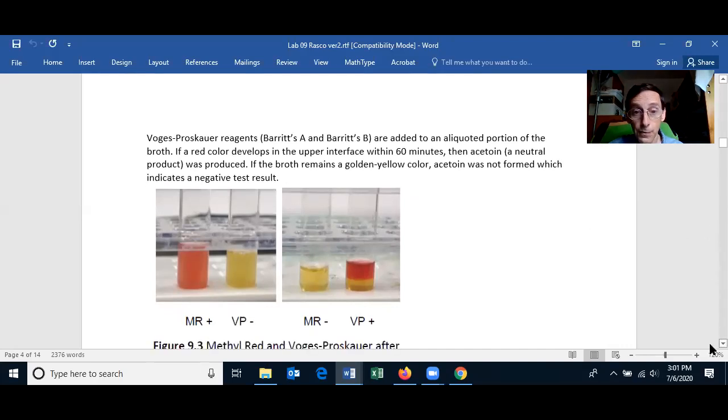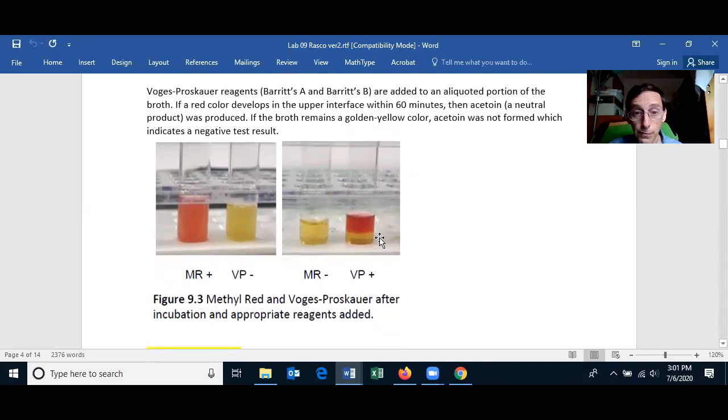And if acetone is produced, the reagents will turn red after 30 to 60 minutes. And if acetone is not produced, then you'll be negative for a VP test, and the color will be yellowish.